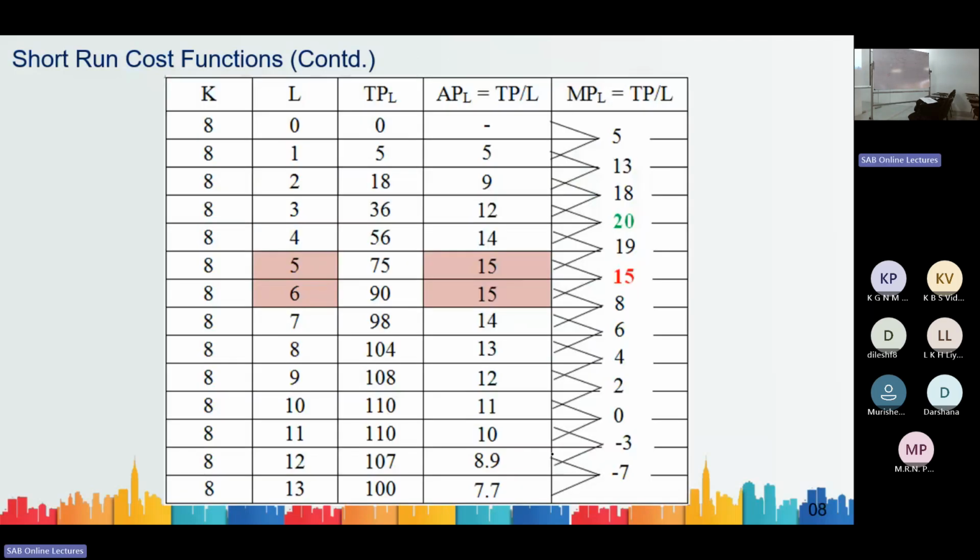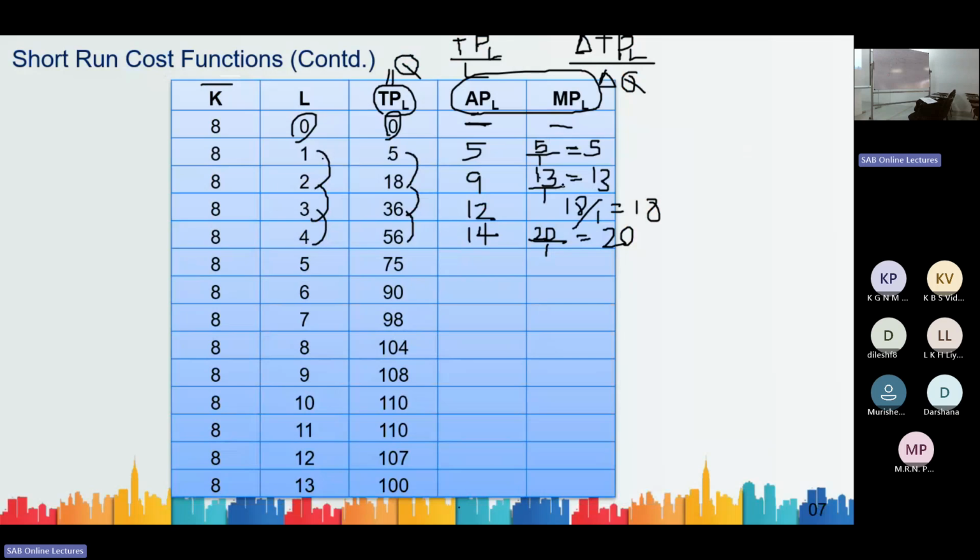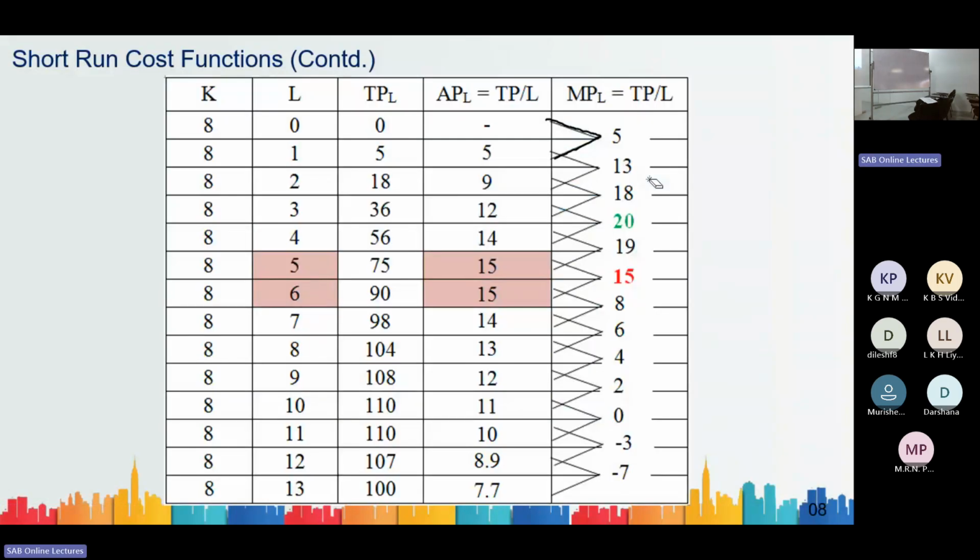These are the answers. Actually, we have to show the marginal product values in between two levels, but for simplicity, we show them in front of the second level. The theoretically correct way of writing marginal product values is to mention them in between two levels, like this.